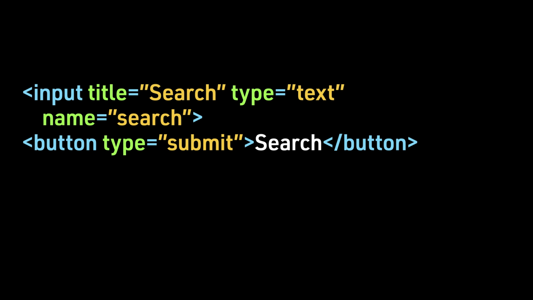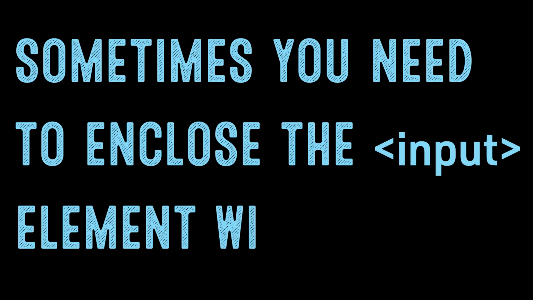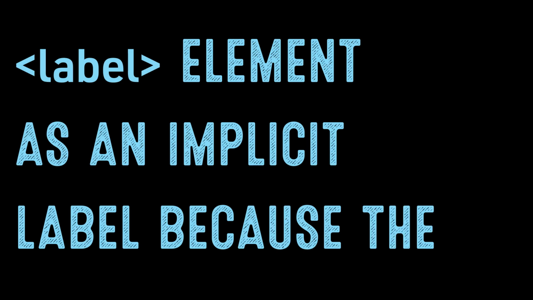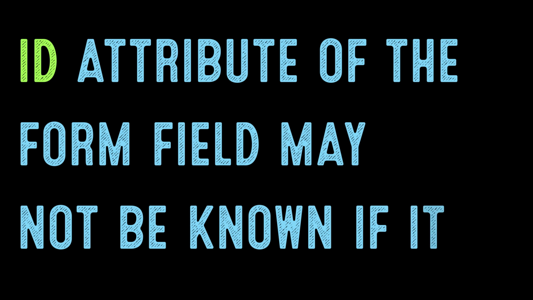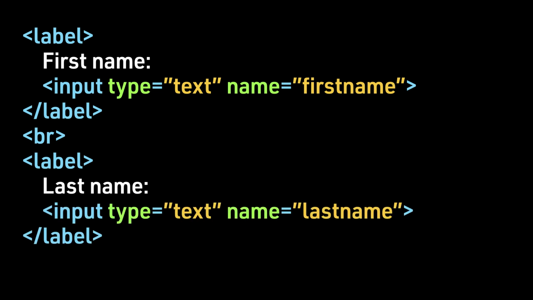button element. Sometimes you need to enclose the input element within the label element as an implicit label because the ID attribute of the form field may not be known if it is being generated by a script. So here we have two input types where we have a first name input and a last name input.